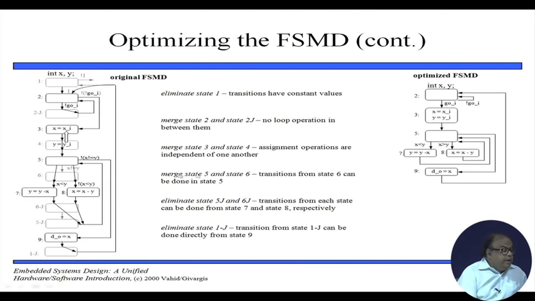But you see here, 7 and 8 cannot be merged, there is no question of merging. These are two alternate paths. I can take any one of them depending on the two different conditions, right. So, these two are kept as they are. This is for x less than y and this is for x not less than y.